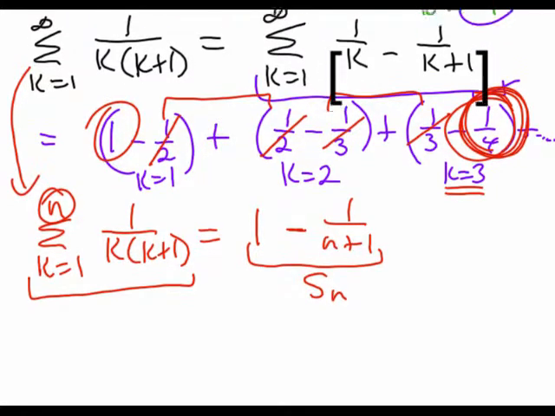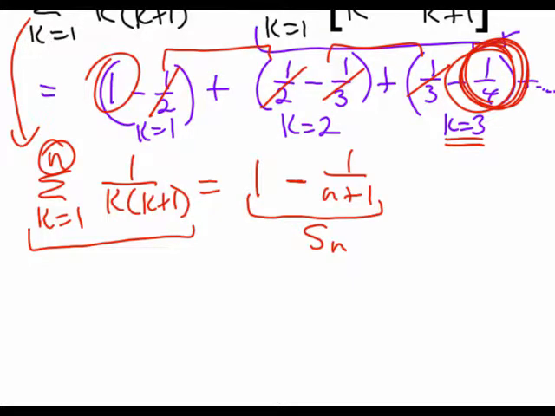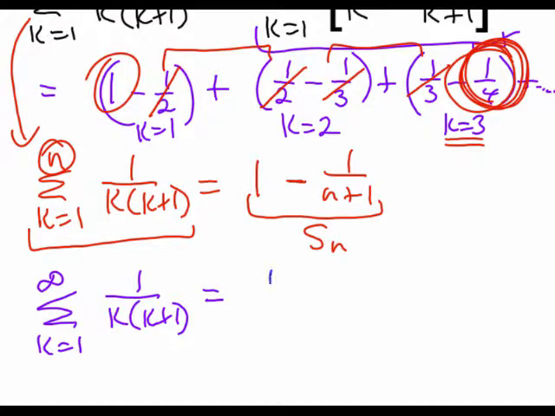And the reason I've written all of this in this way is because remember that when we're asked to decide if our infinite series converges or diverges, that means to look at the limit as n goes to infinity of our sum of n terms.